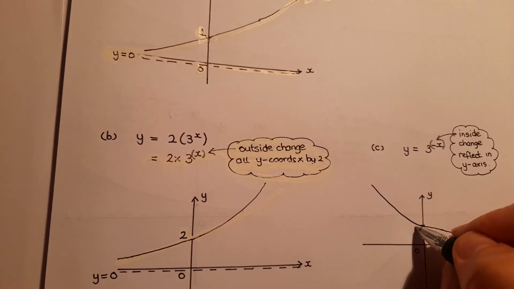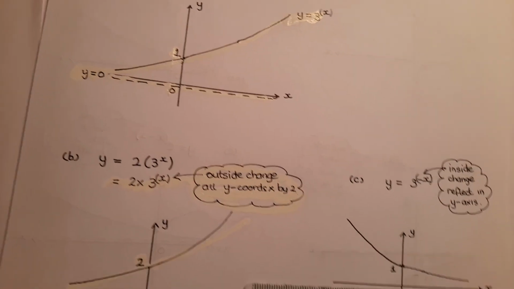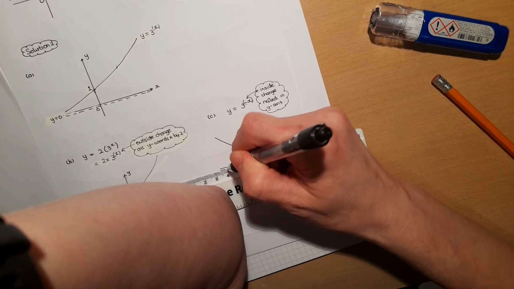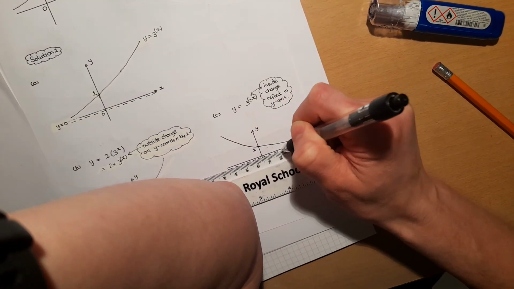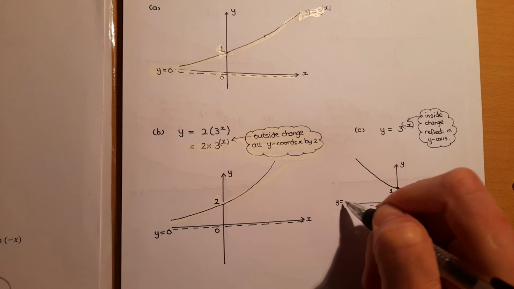Like that. So it's going to cut the y-axis again at 1, and the x-axis is still going to be a horizontal asymptote. And the equation of that asymptote is, again, y equals 0.